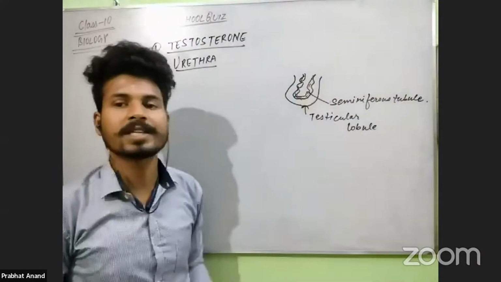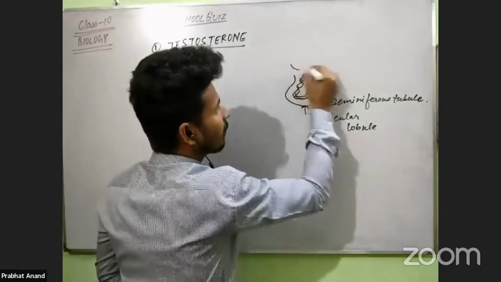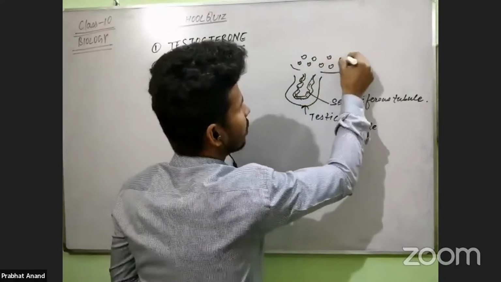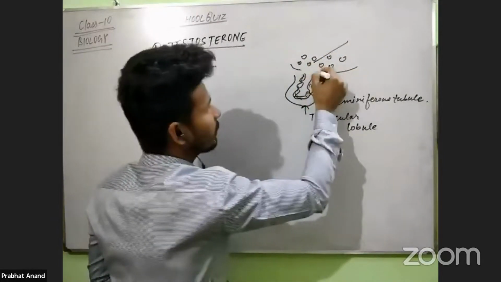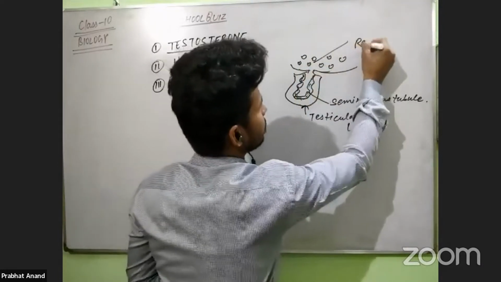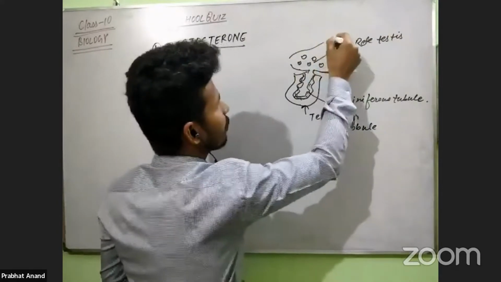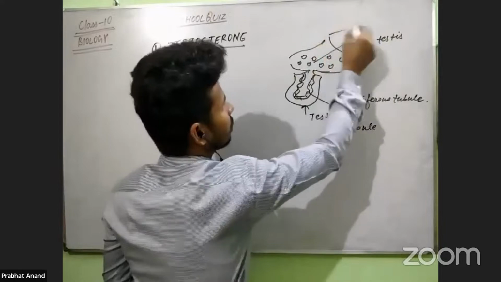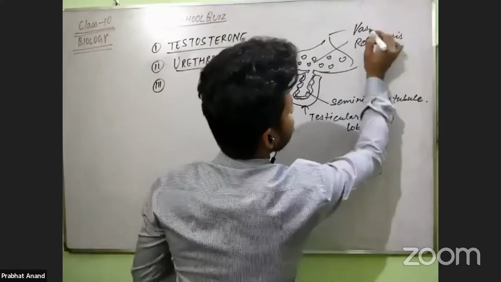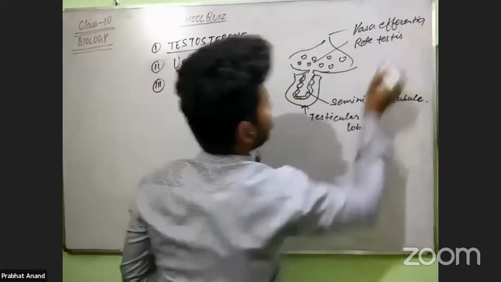From here the sperm production starts, and then it passes into the network of tubes, right? This section we said is considered as the rete testis, and then it passes into a single duct that we call the vasa efferentia, right?